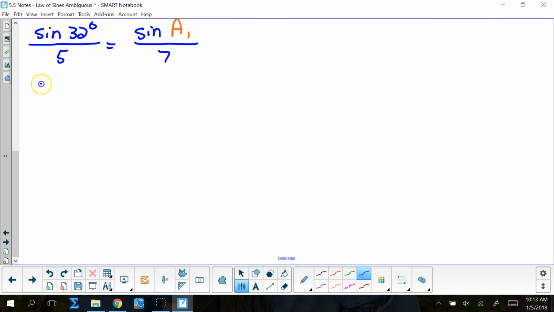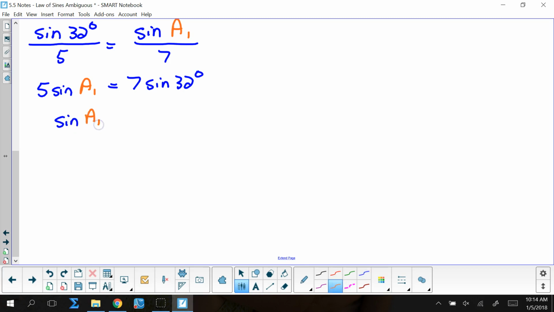Crisscross applesauce: 5 times the sine of angle A sub 1 equals 7 times the sine of 32 degrees, so the sine of angle A sub 1 is 7 sine of 32 degrees divided by 5.